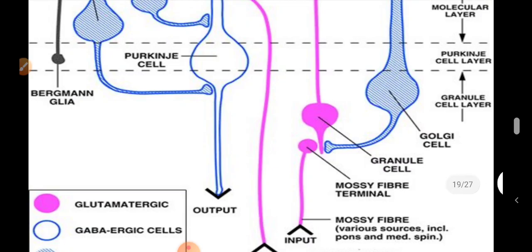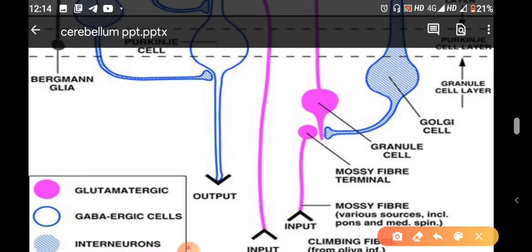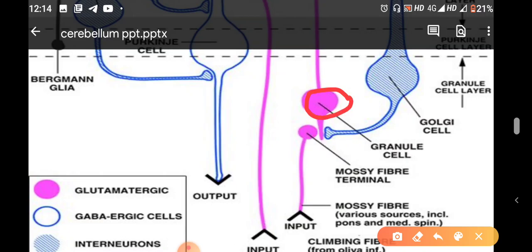Now come again to the granule cells. The granule cell is excited by mossy fibers. In the diagram you can see the granule cell is stimulated by the mossy fibers. The axon of the granule cell excites the Golgi cell dendrites. This is the Golgi cell, these are the dendrites.